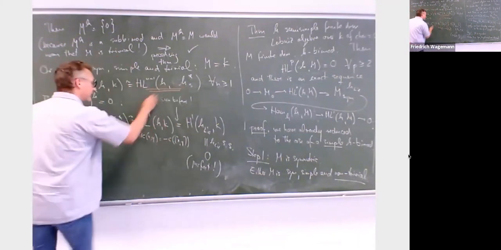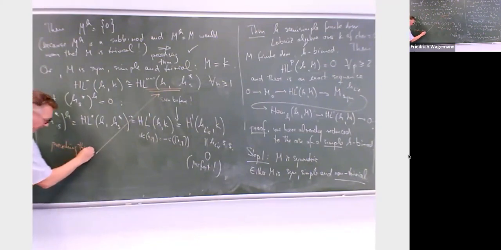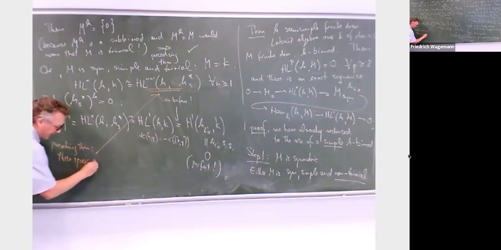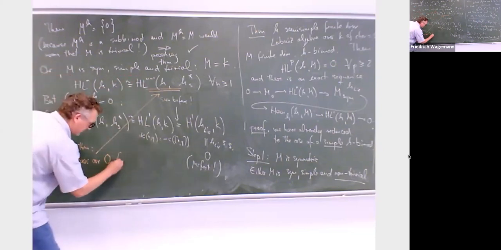By the preceding theorem, these spaces are 0 for n greater or equal to 1.